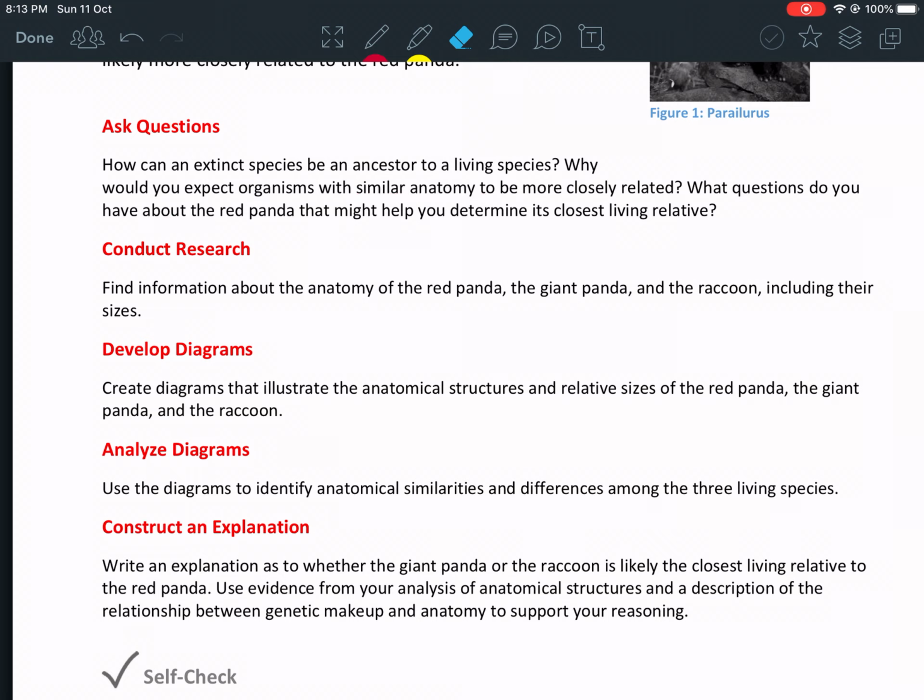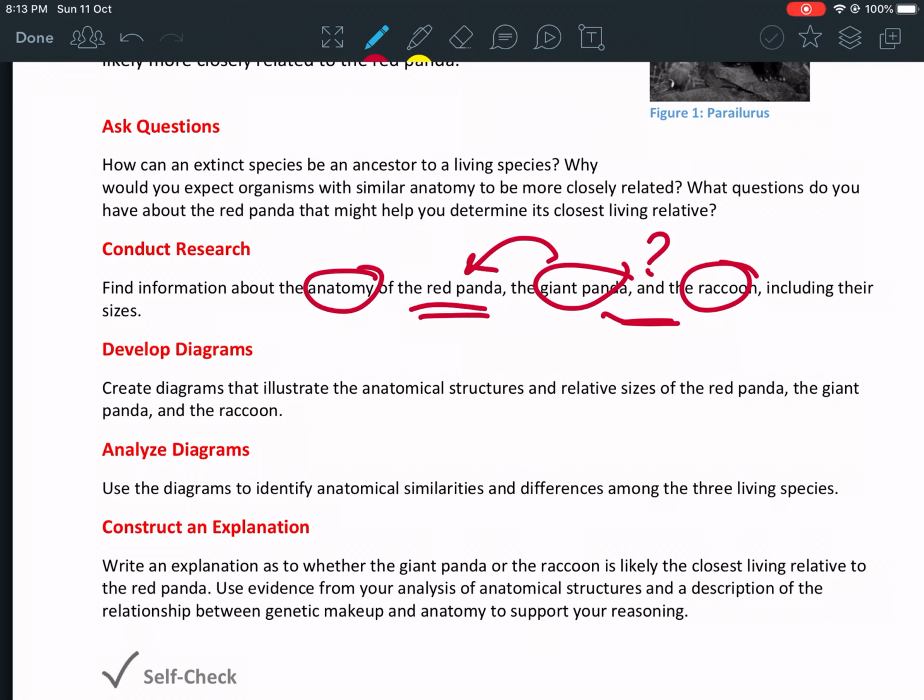Conduct research. Find information about the anatomy of the red panda, the giant panda, and the raccoon family, because you have to see which of the giant panda and the raccoon family is closest to the red panda. So you have to find information about their anatomy. Anatomy means their shape, their structure. You go Google it, find pictures, develop diagrams.